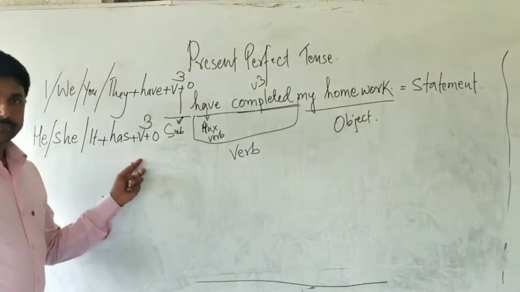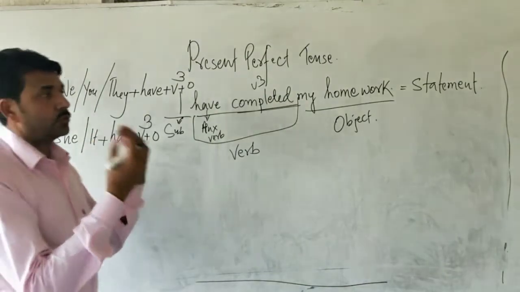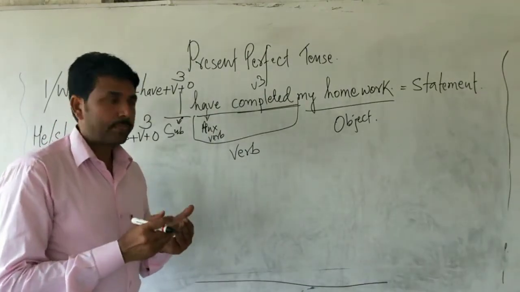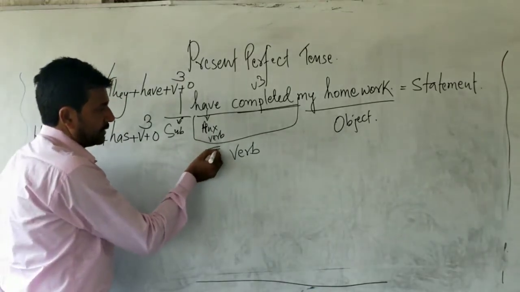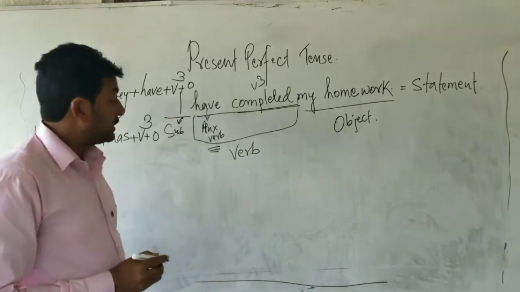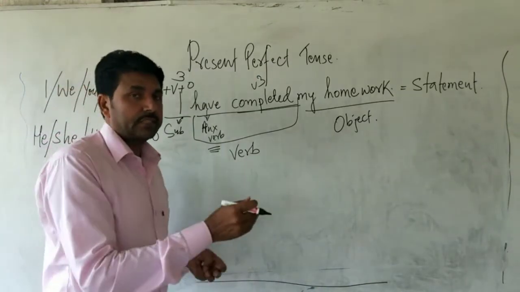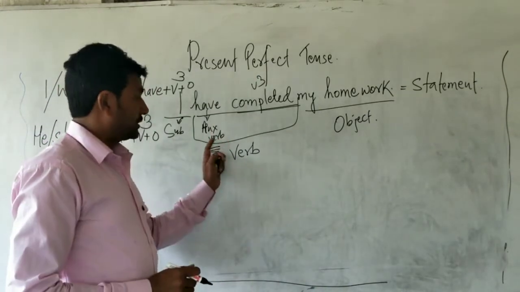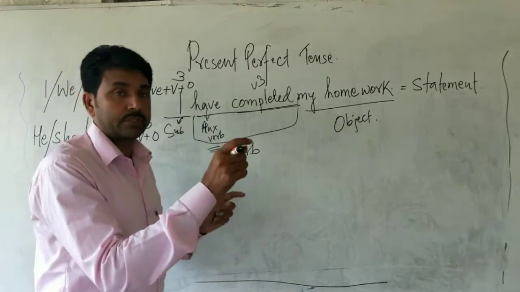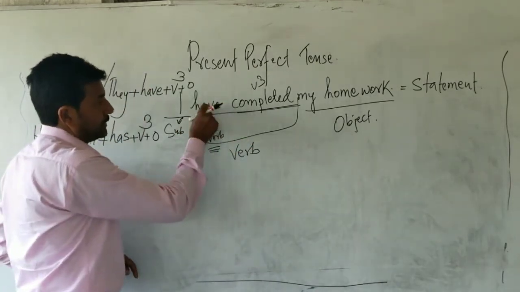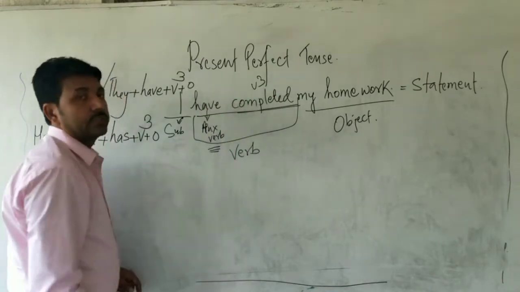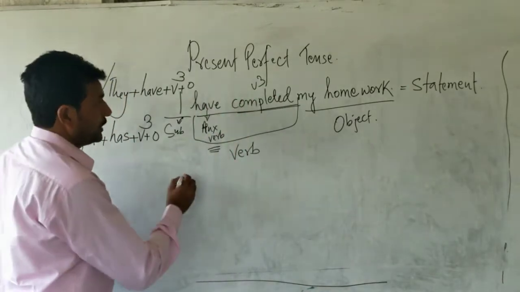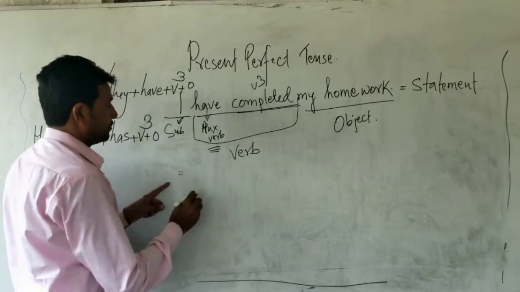And how to form negative, we will see. If you see any auxiliary verb, just after the auxiliary verb, use not. Between the auxiliary verb and main verb, here you have to put not. So this will become negative.